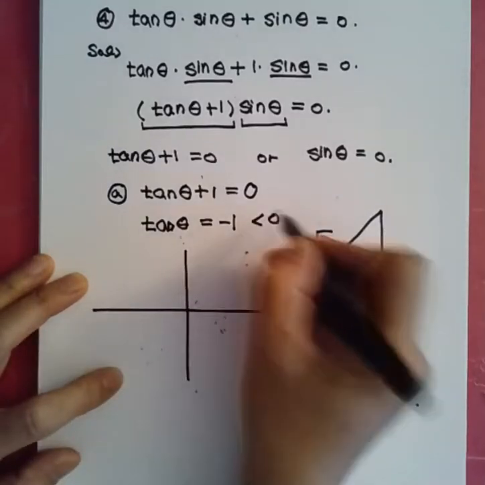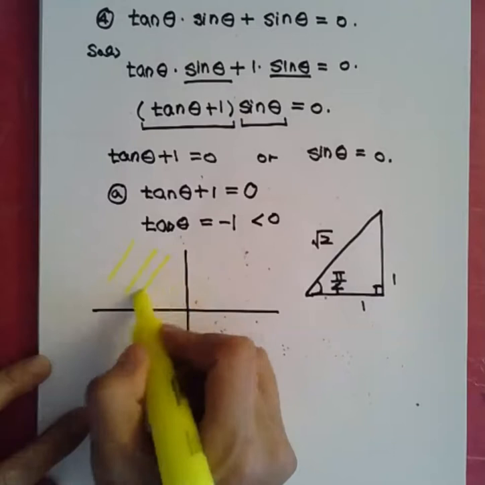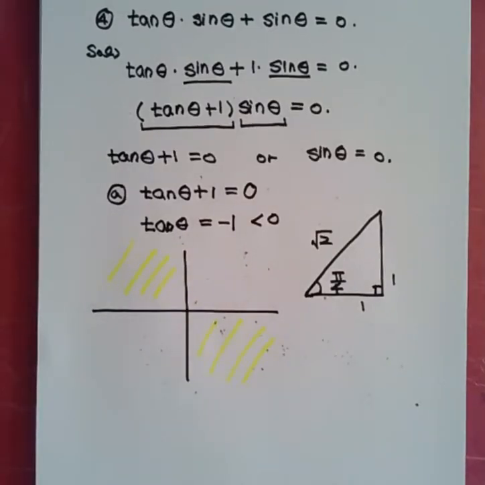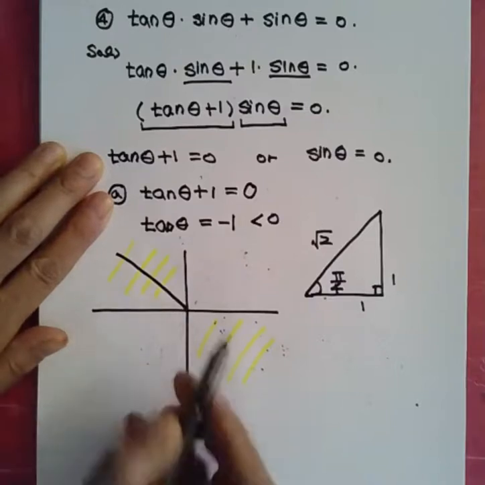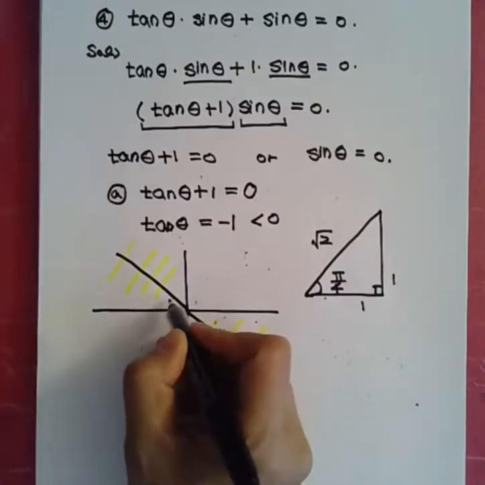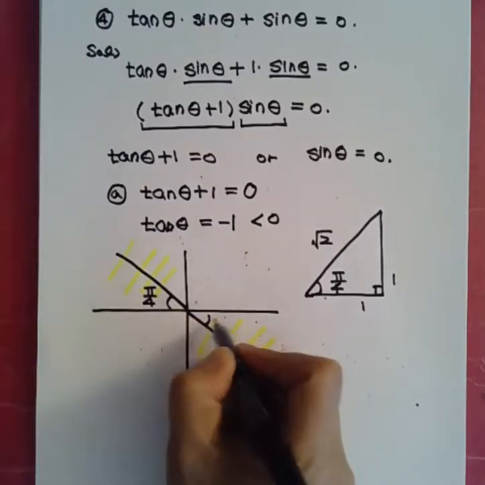And tangent is less than 0, so that'll be either second quadrant or fourth quadrant. You can just do your reasoning by applying the y over x definition. So one angle is located in the second quadrant and the other one is located in the fourth quadrant. The reference angle is pi over 4.